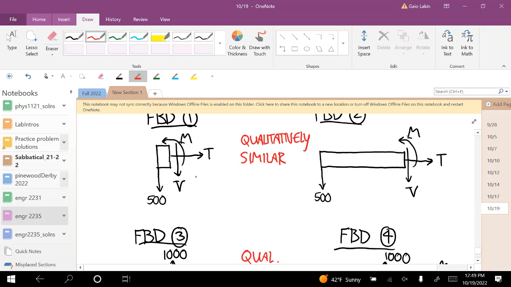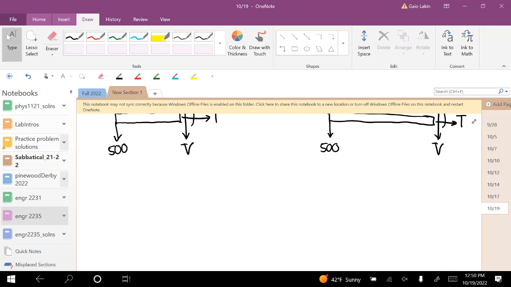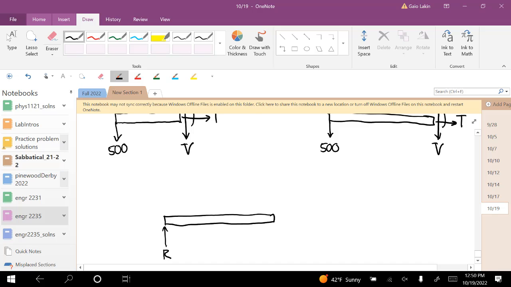Yep. When we get further into this, are we still going to be able to treat distributed loads as a point force? Yes, but it's going to get complicated because, so think of, okay, so say you have this body and you have a support here and a support here and a distributed load like this.